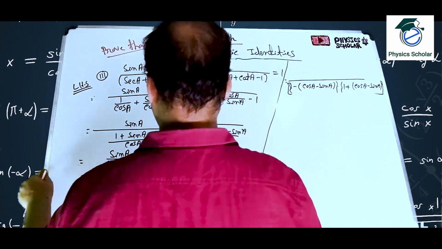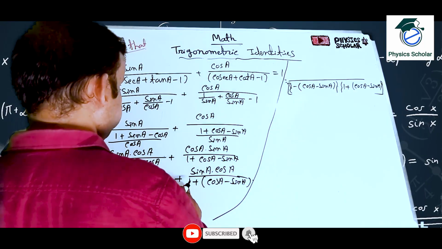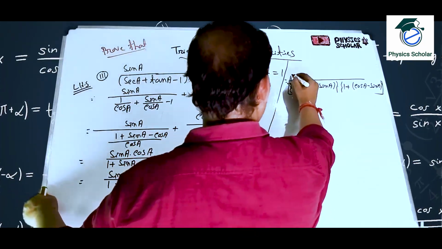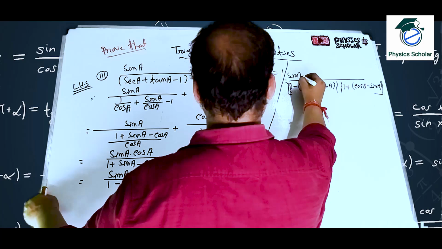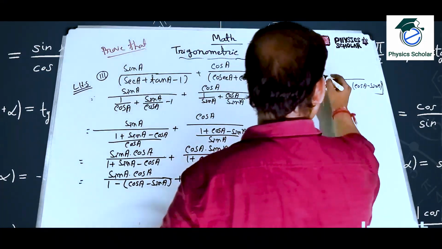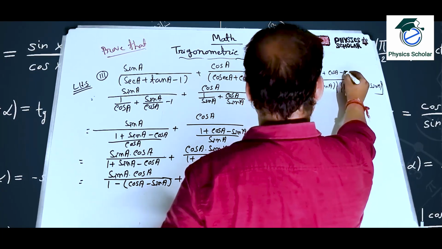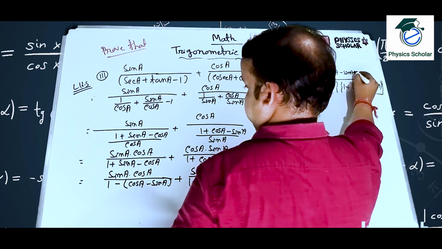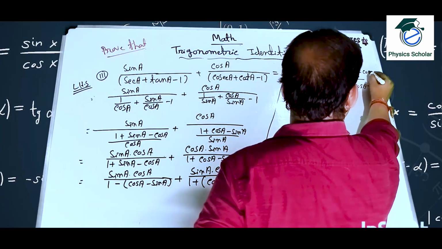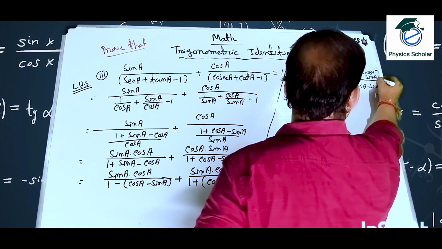Okay. And in the up 1 minus cos A plus sin A into 1 plus cos A, so sin A, and in the up what is there? Sin A cos A, sin A into cos A common, then it will be what? 1 plus cos A minus sin A plus 1 minus cos A plus sin A. Clear?